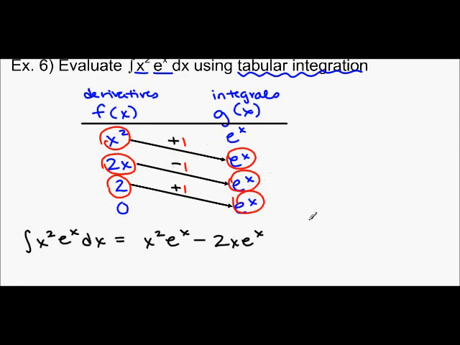Multiply by 1, and that's just a plus 2e to the x. The last thing I need to remember to add here, because it's not in the column, is a plus c, because this is an indefinite integral. This is our answer.